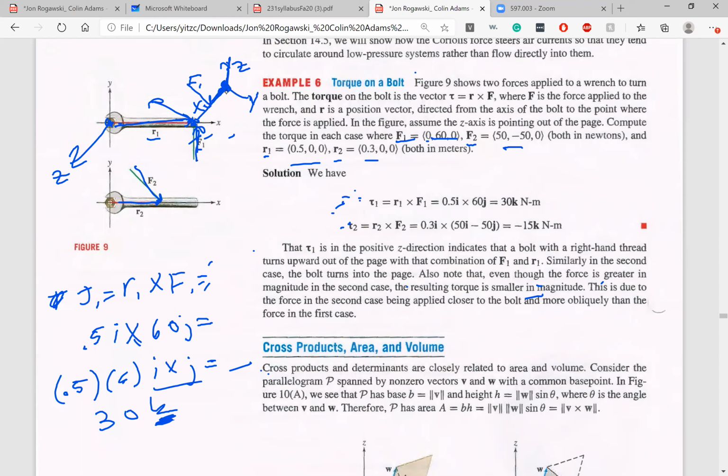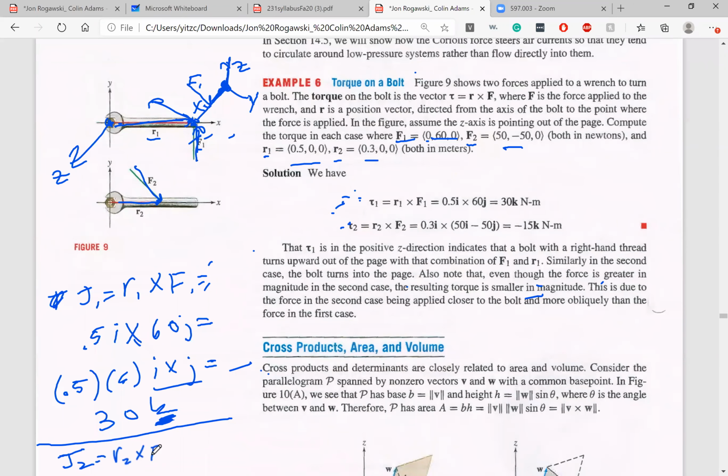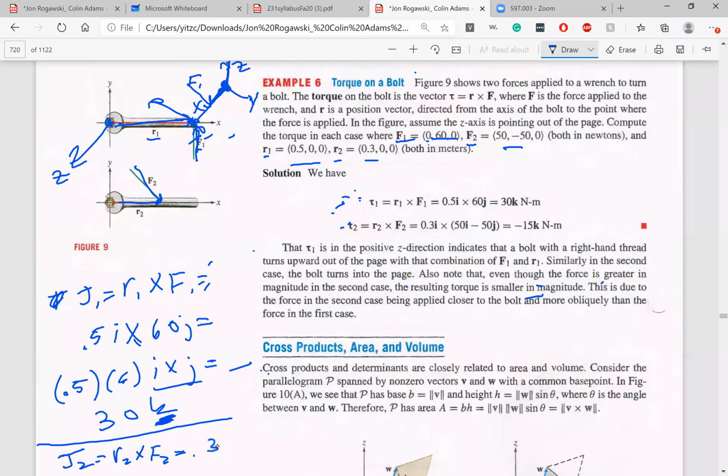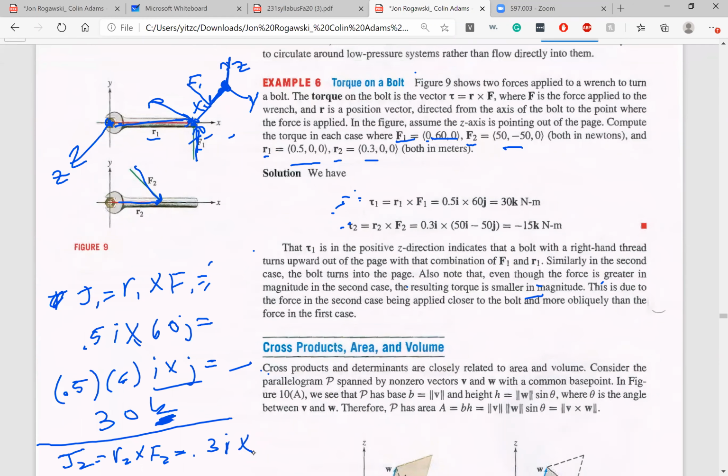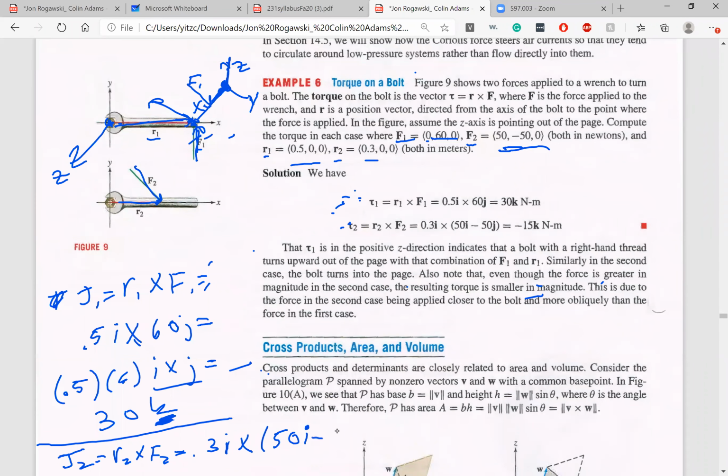Okay. And for the second one, we also have the second torque. Well, that's going to be R2 cross F2. Now R2 is going to be 0.3I, cross F2. F2 over here is, sorry, minus 50J.